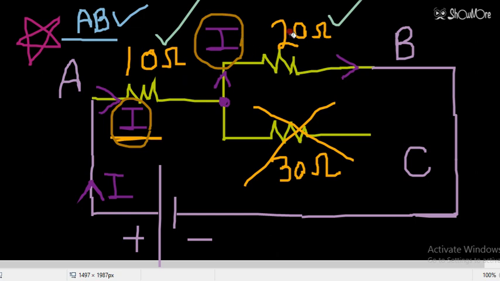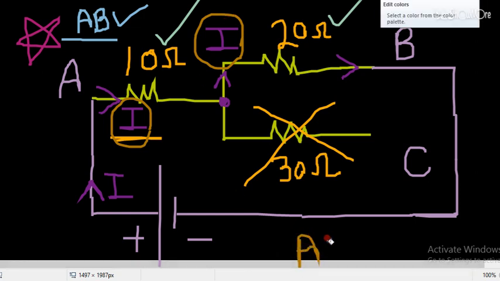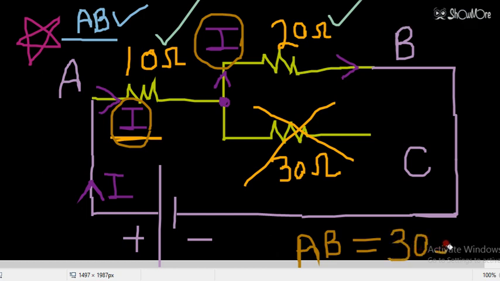So the resistance between A and B will be equal to 10 plus 20, that is 30 ohm. You can note down: the resistance between point A and point B will be 10 plus 20, that is 30 ohm. I hope it will be clear. If any doubt is there, then you can ask.